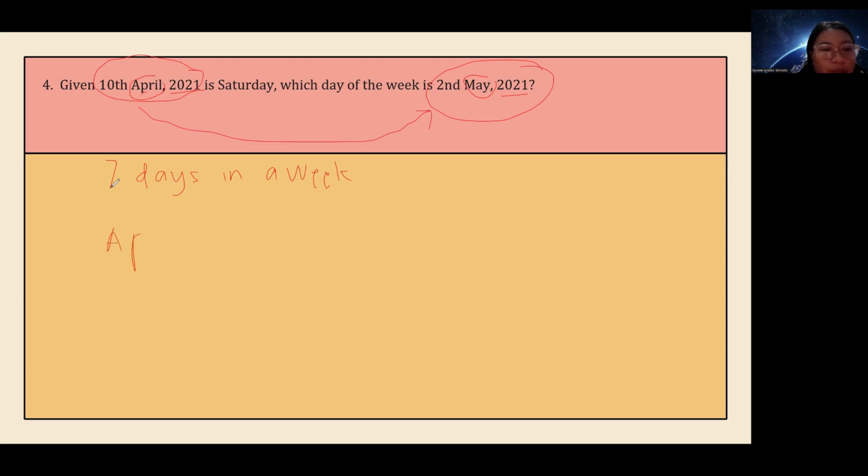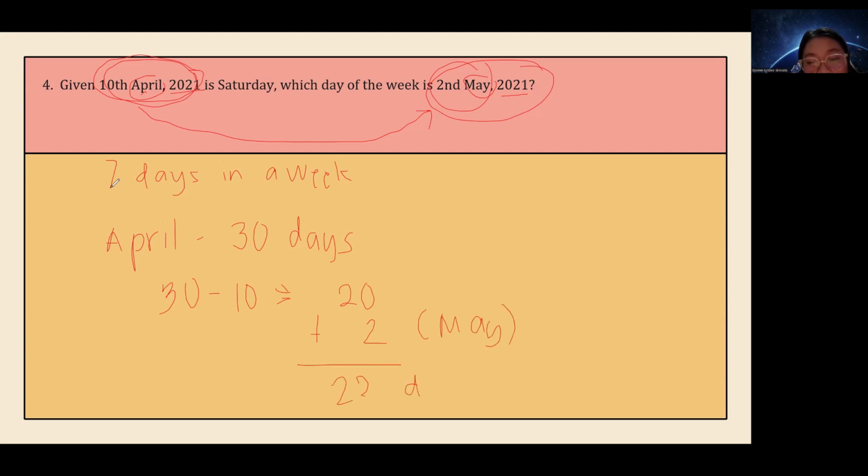So on the month of April, there would be 30 or 31 days. So there would be 30 days in April. So since we started at April 10, we just have to subtract 30 minus 10. So we would need to cover 20 days in April plus the 2 days in May. So 20 plus 2, this is in May. So we would get 22 days in total.